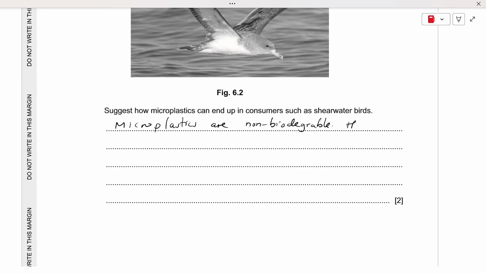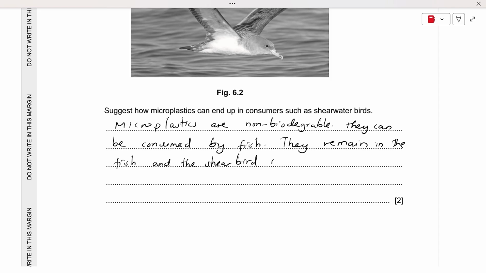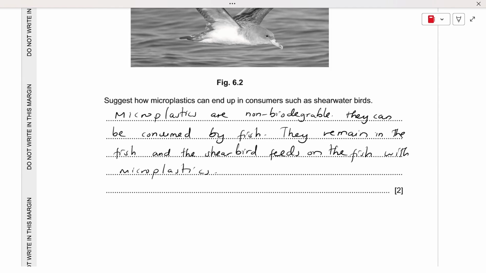They can be consumed by fish, they remain in the fish, and the shearwater feeds on the fish with microplastics. So when it feeds on the fish with the microplastics, it ends up getting them also.